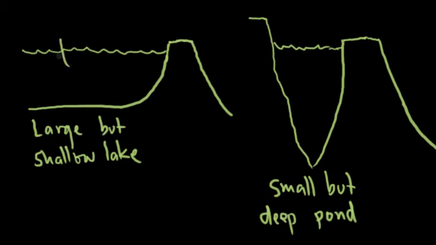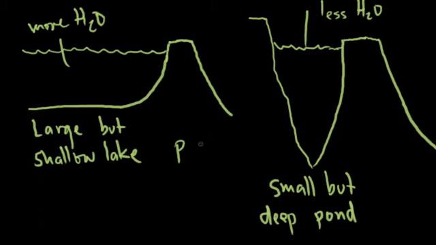Over here we have a lot of water, it's a large lake, so there's more water here. However, here we only have less water, obviously. But the pressure exerted on the dam is greater over here than the pressure exerted on the dam over there. Here we have less pressure, and over there we would have a greater pressure.